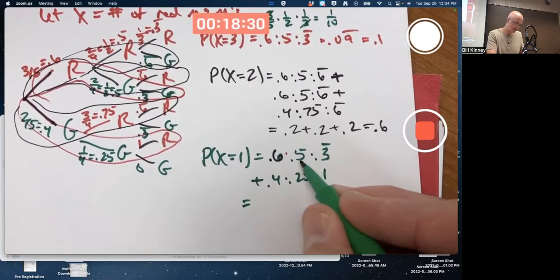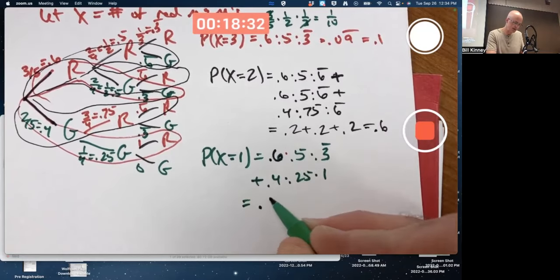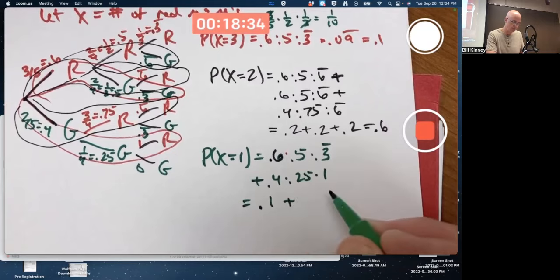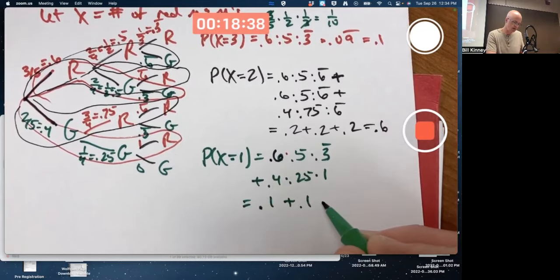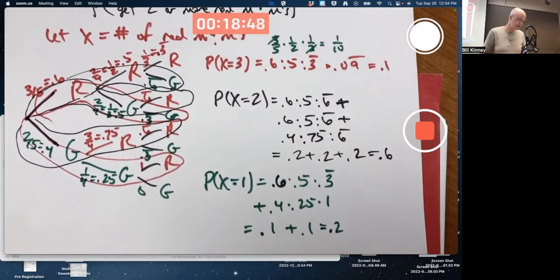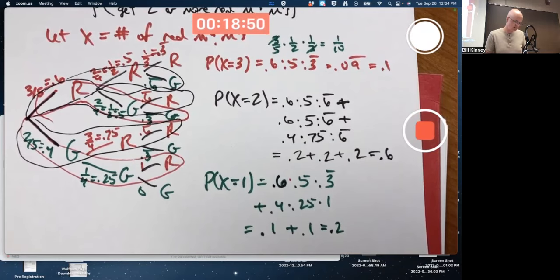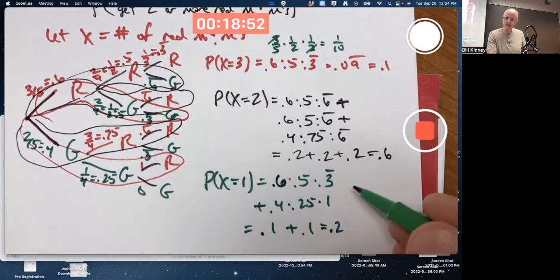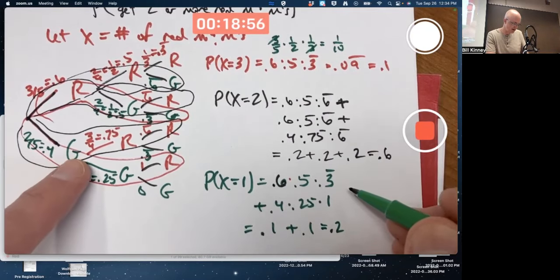This 0.6 times 0.5 times 0.3 repeating is the same as the very first calculation. That's a 0.1. And this indeed is another 0.1. So there's a mistake somewhere. Giving us 0.2. So what's my mistake? I'm not sure what my mistake is. Where did I miss? You missed the path that goes green, red, green.